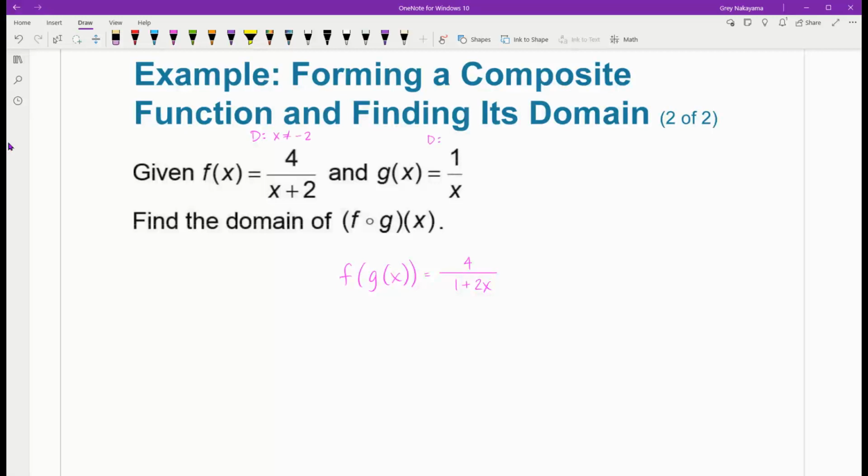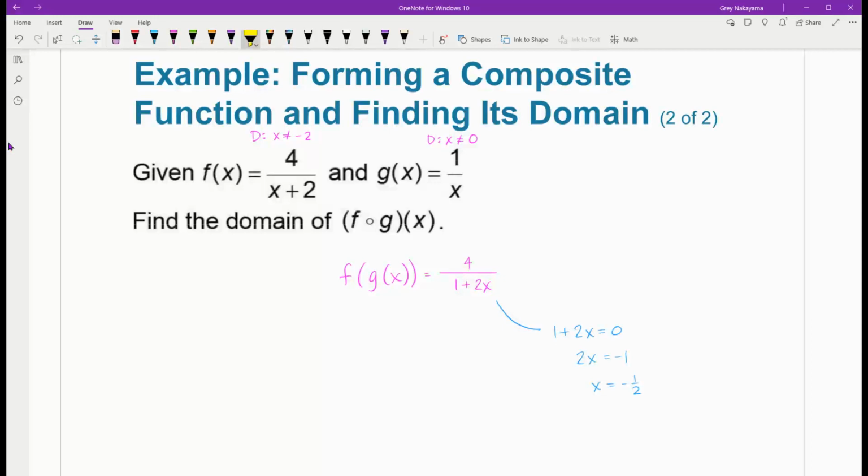G of x, my domain is x cannot be 0. Okay? When I look at this new function, 4 over 1 plus 2x, I'm going to take that denominator and set it equal to 0 because I have a fraction, and that's the restriction I have. So then I'm going to subtract 1 and divide by 2. So I have that x is not negative 1/2.